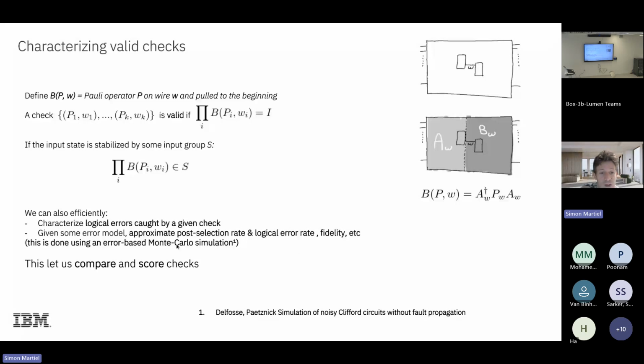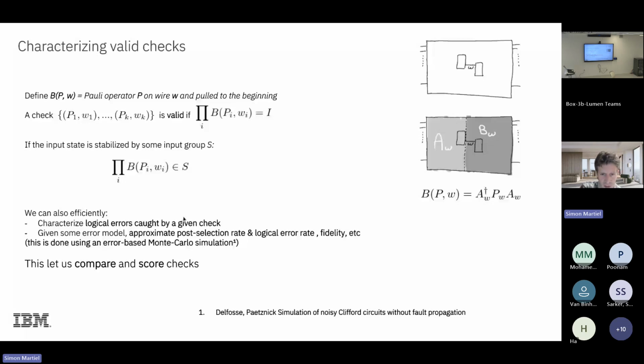And we can also, using those back cumulants of checks, do some kind of efficient Monte Carlo simulation of the error model to actually assess what will be the final post-selection rate and the final logical error rate, and also the fidelity if we need. So this lets us actually score checks and say that one check might be better than another one.